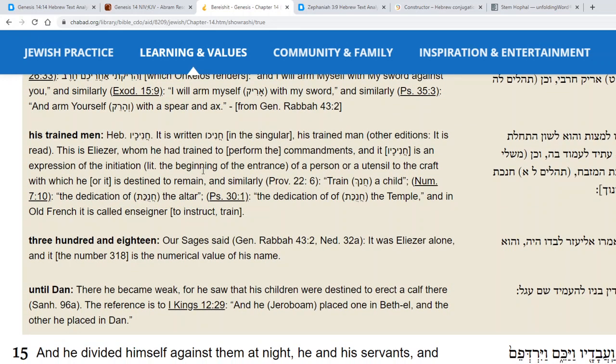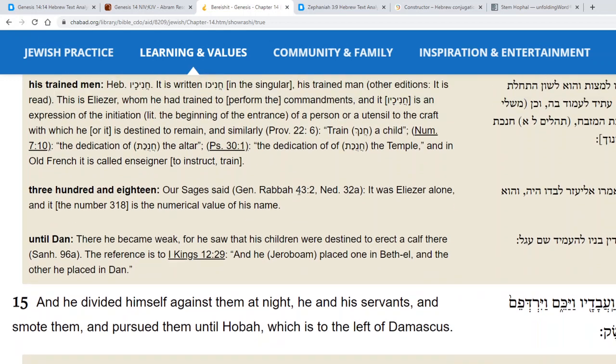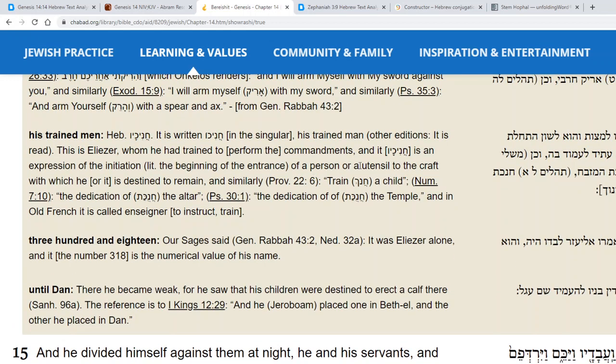Chanichav, he's giving you all the places where chinuch, right, means to teach. This is Eliezer. Chanichav, whom he trains is an expression of initiation. So Rashi says this also is from Chanukah, right?